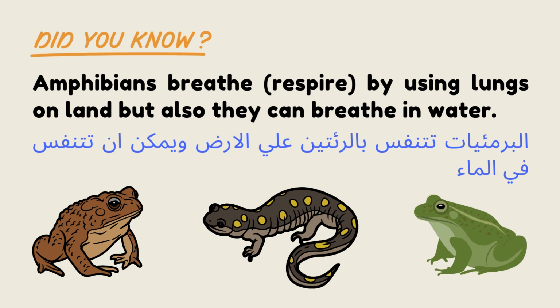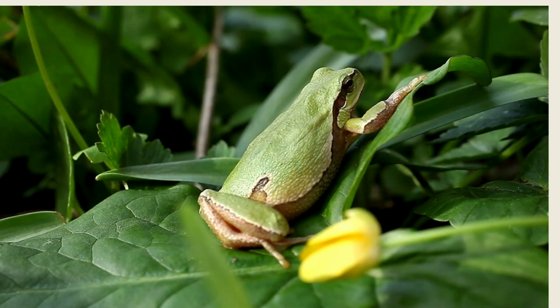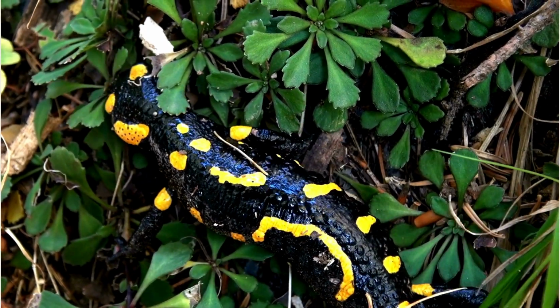We will see now. The answer is no. They don't have gills, but they have a structural adaptation that helps them live in wet environments. They respire through their lungs on land, and they respire through their skin, as the skin helps them respire in the water. So this is amazing.